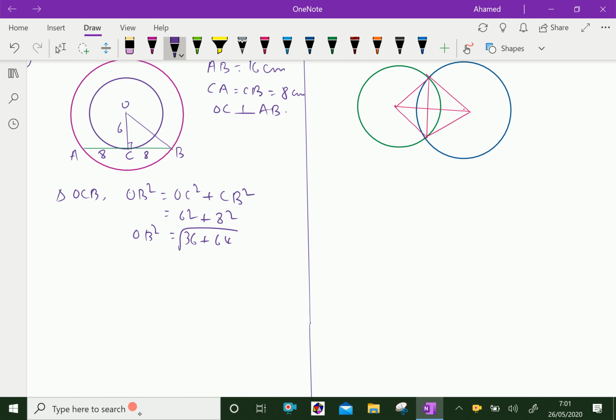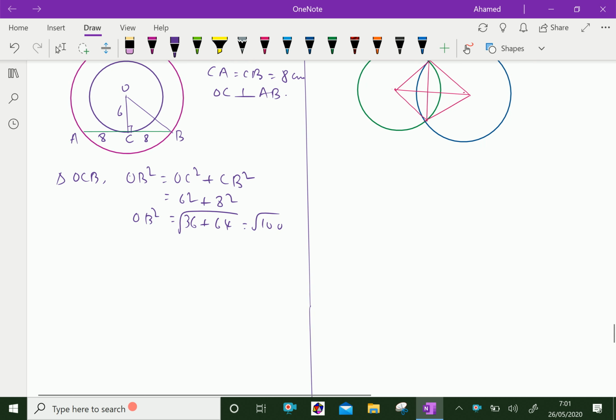OB square is 100, so OB equals square root of 100, which is 10.